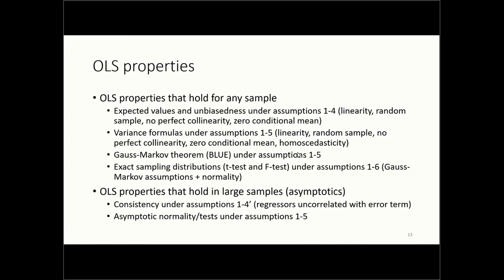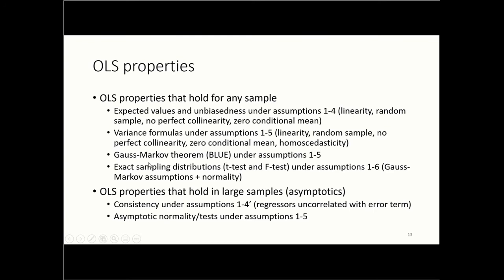So let's summarize. What are the OLS properties? OLS properties that hold for any sample would be expected values and unbiasedness under assumptions 1 through 4. These were, quickly, linearity in parameters, random sample, no perfect collinearity, and zero conditional mean. Then we had the variance formulas under assumptions 1 through 5, so these are the first 4 assumptions plus the homoscedasticity assumption.